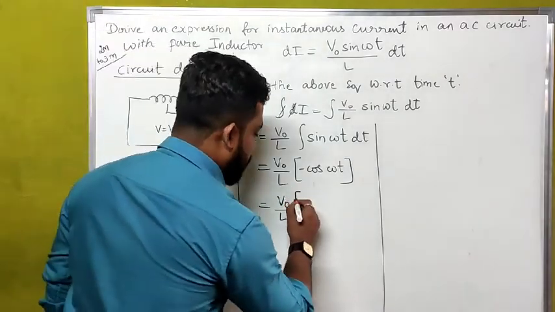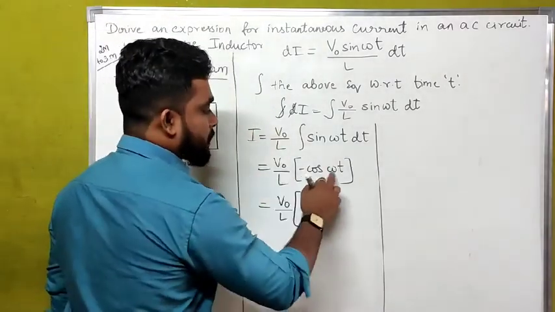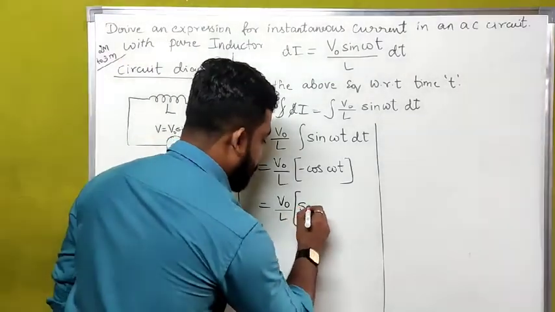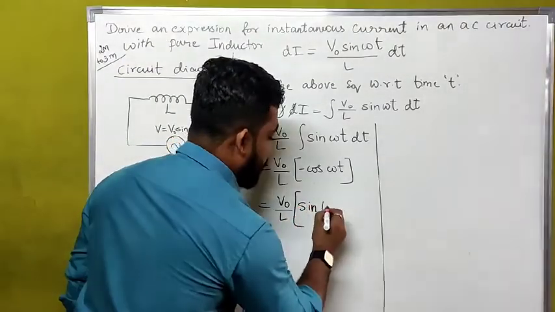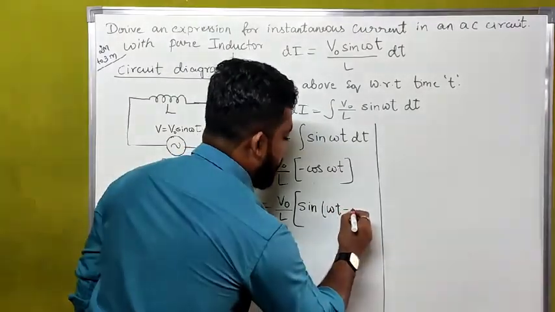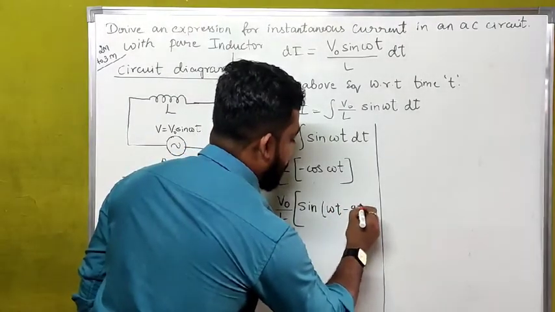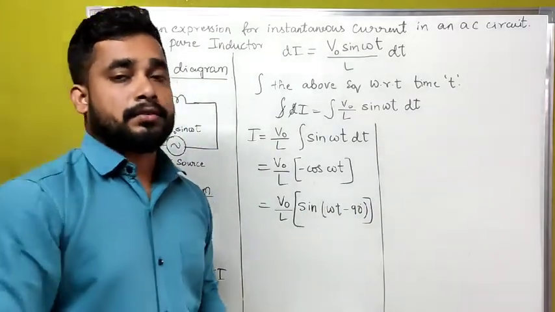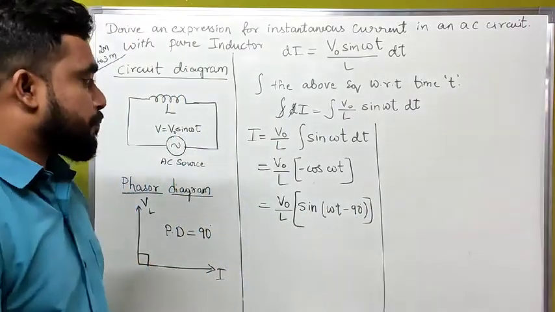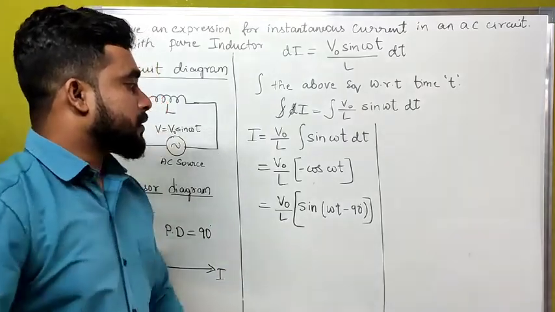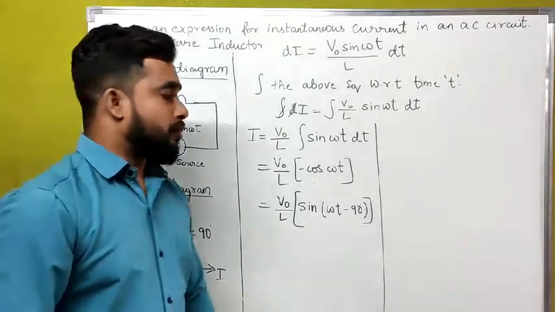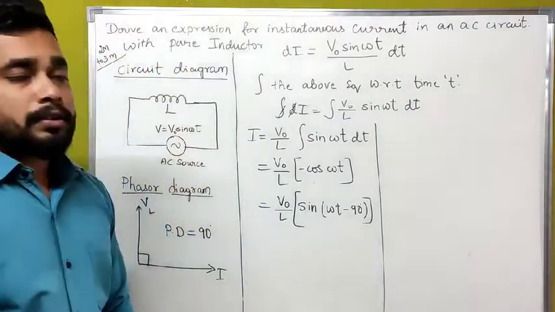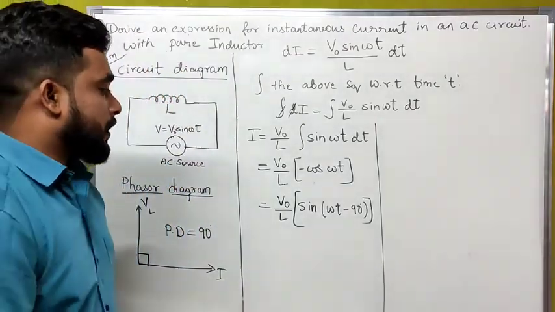In that concept, the expression for minus cos omega t is sin of omega t minus 90. This is the expression for minus cos omega t, not for plus cos omega t. That is, minus cos omega t is equal to sin of omega t minus 90 degree.